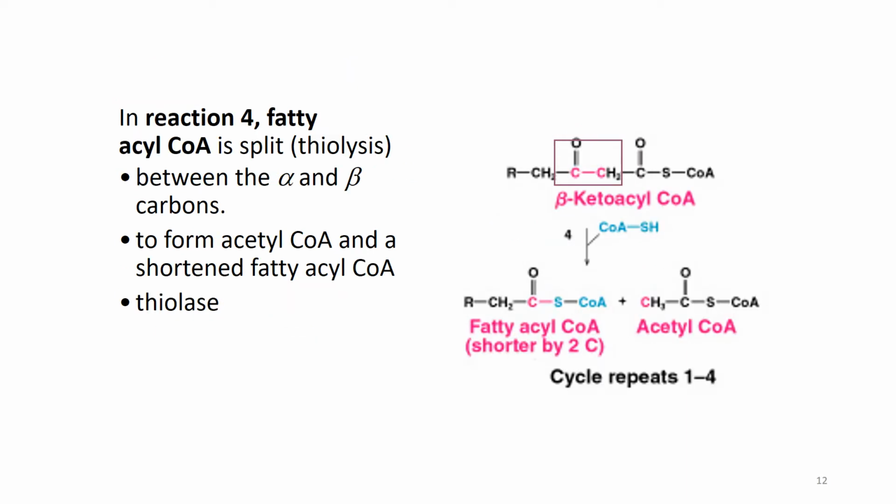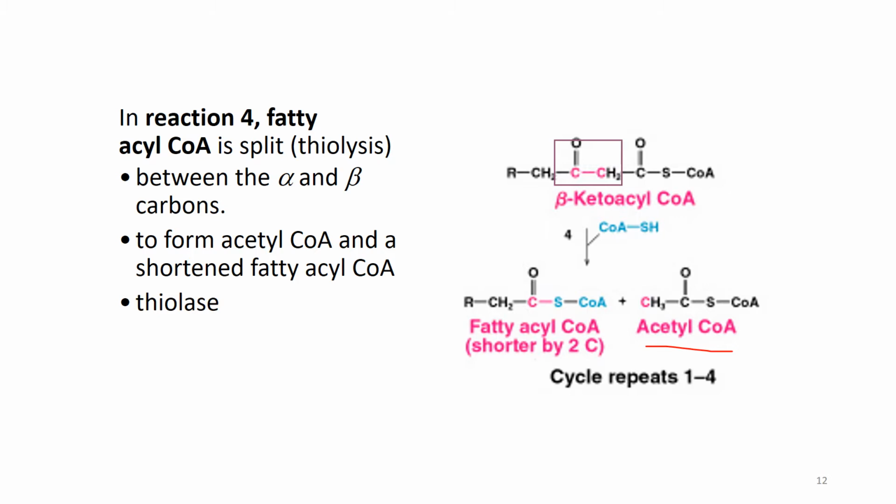And the fourth reaction in this cycle is a cleavage reaction. We are going to cleave an acyl unit and produce acetyl-CoA, which then can be utilized in the citric acid cycle. So what we have is our beta-ketoacyl-CoA. We have CoASH, so we need another one of those.